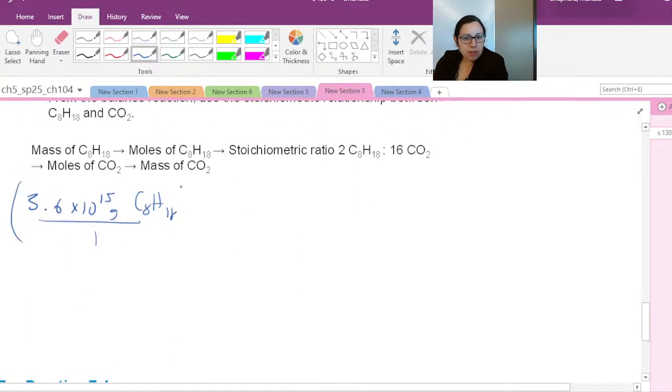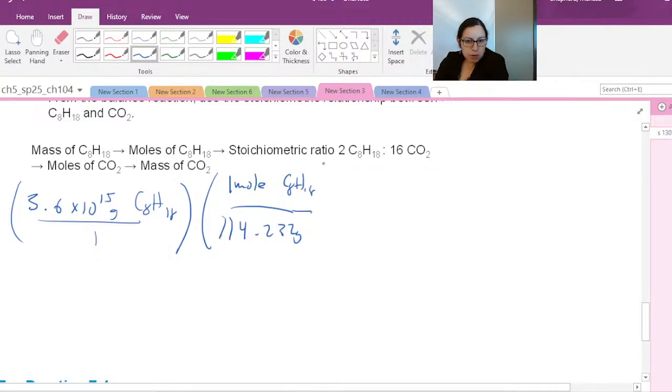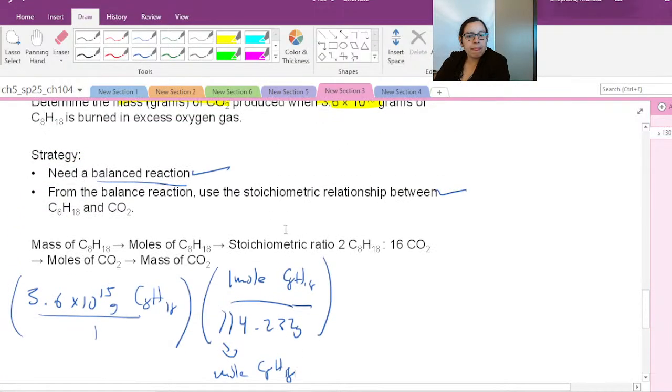So good, we have 1 mole of octane was about 114 grams per mole. Excellent, so that gives us moles of octane, so just kind of keep track mentally of what we're doing.